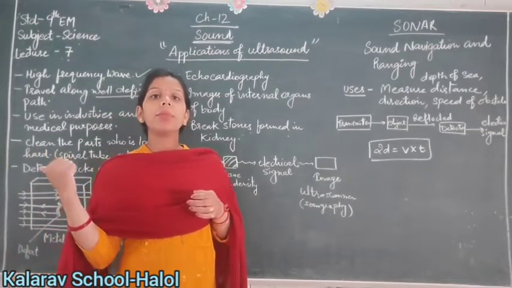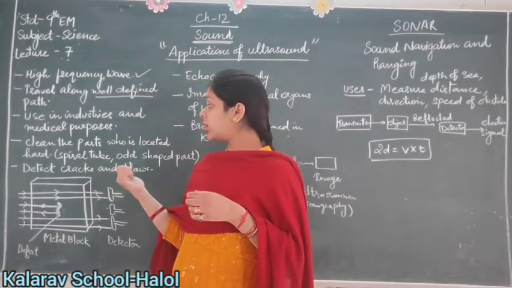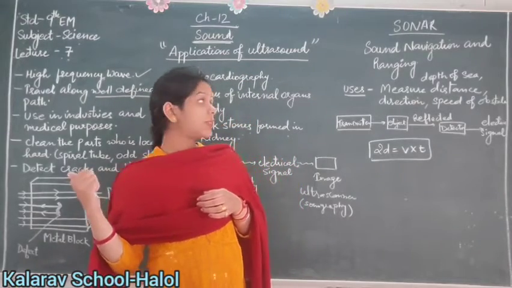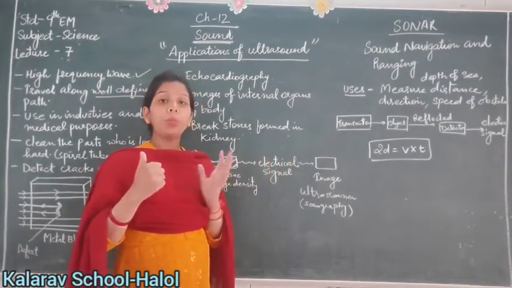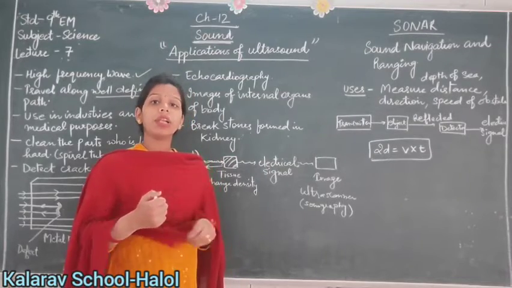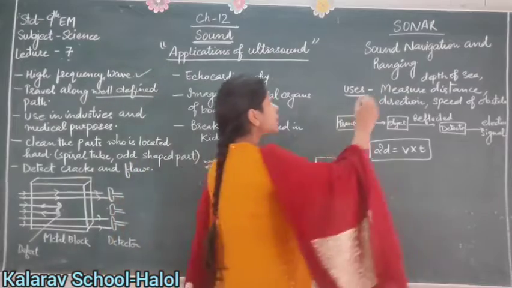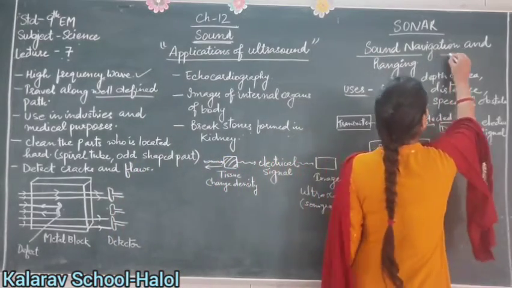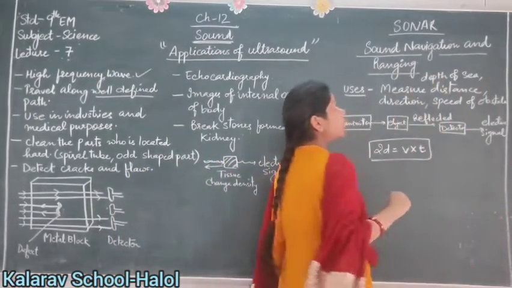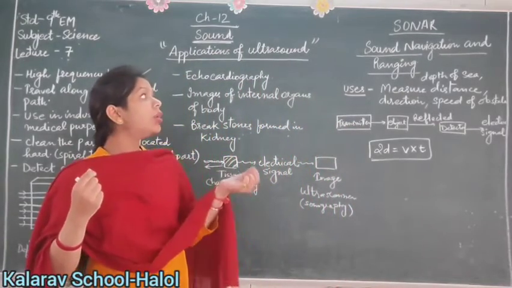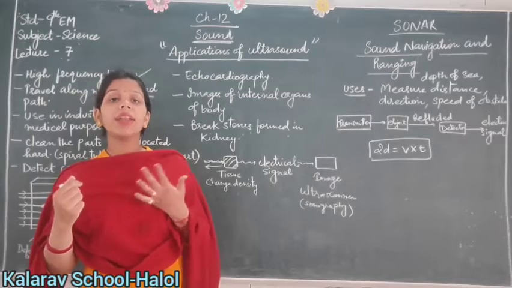In these examples we understood that ultrasounds are used for industrial purposes. The main important application of ultrasound is sonar. So what is sonar? It is called sound navigation and ranging. The full name of sonar is sound navigation and ranging.